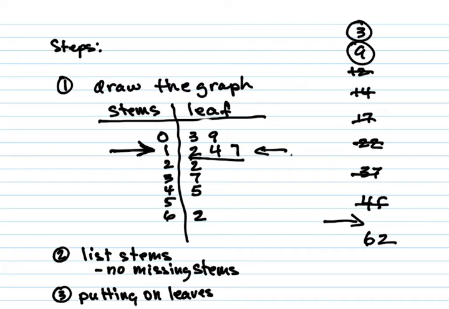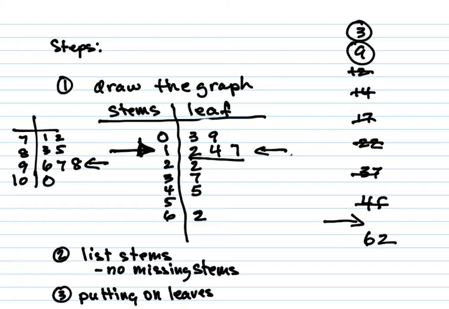So what stem occurred most frequently? A 1. So say these were grades, for example, okay? And if you were doing your grades as percentages, say you had 70s, 80s, 90s, and perfect scores. Something like this, I could easily see, well, 100 is the best you can get, so it has to be a 0, yes?